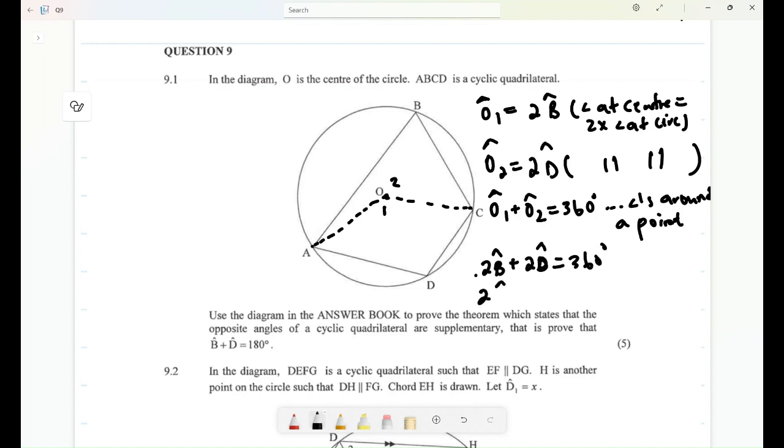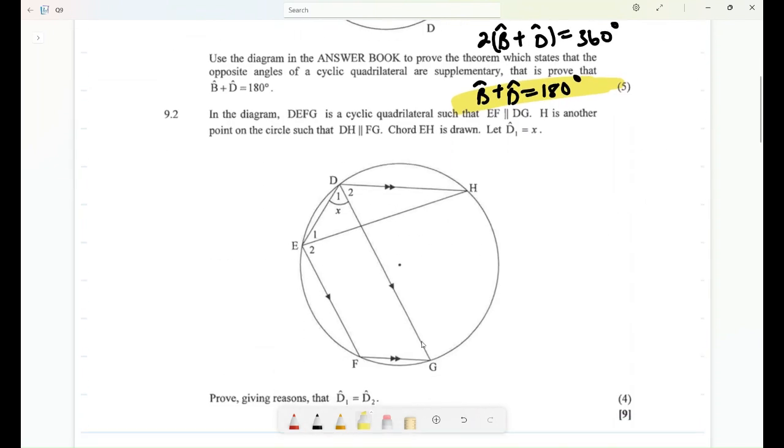Then can I factor out something? Yes. Therefore, when I divide everything by 2, I get that angle B plus angle D is equal to 180 degrees. Simple. Done. We have proven it. For 5 marks, very easy.